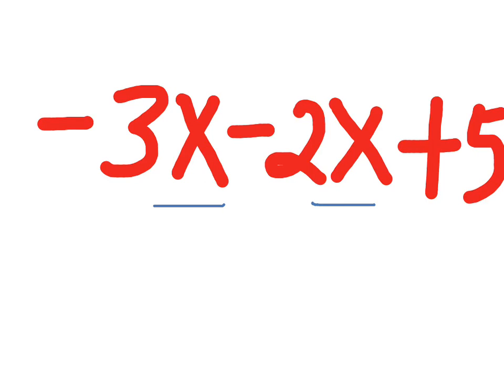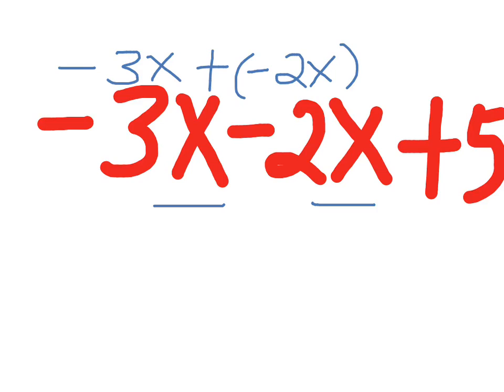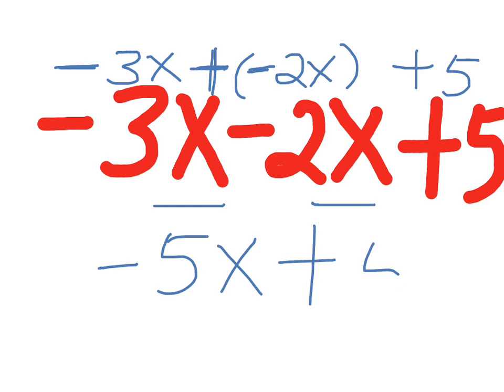Remember that negative 3x minus 2x is the same thing as negative 3x plus negative 2x plus 5. And what is negative plus negative? That will be negative 5x plus 5.